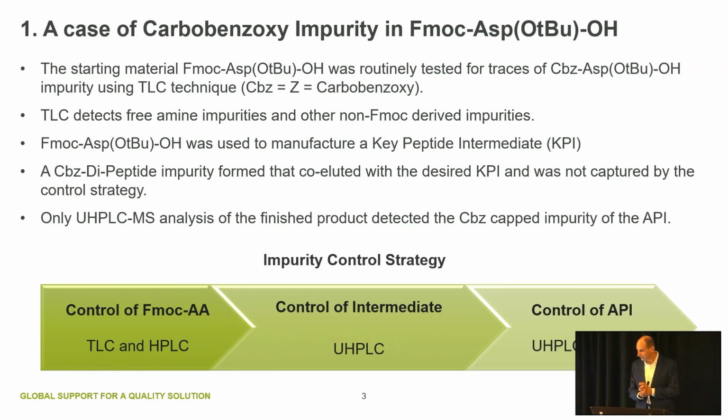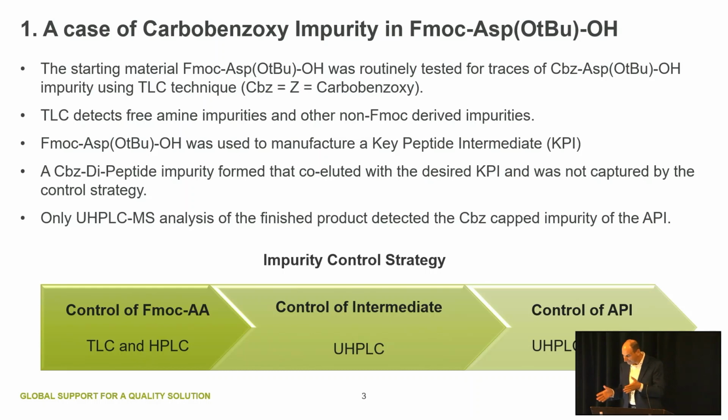We used this amino acid to make a small intermediate, which was then introduced into a larger peptide. And what we found out was that, unfortunately, there was a trace amount of this carbobenzoxy Fmoc amino acid building block that got incorporated and generated an impurity that by chance eluted precisely at the retention time of our peptide intermediate.